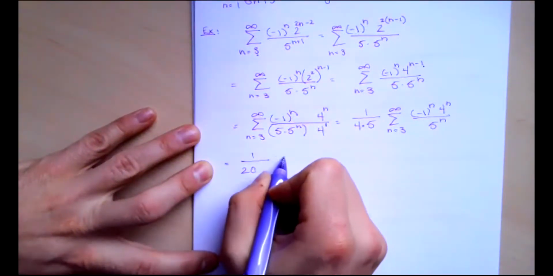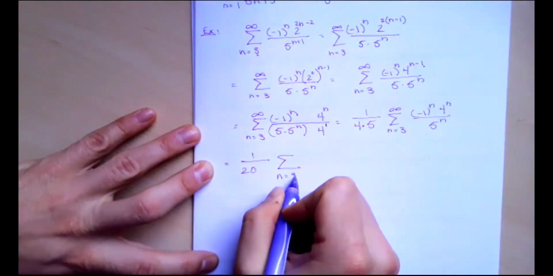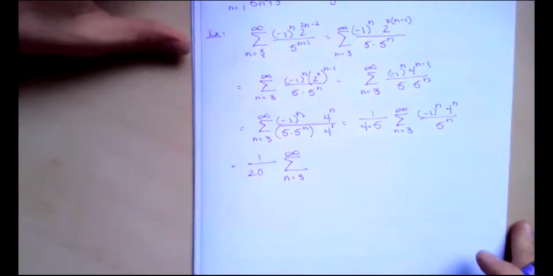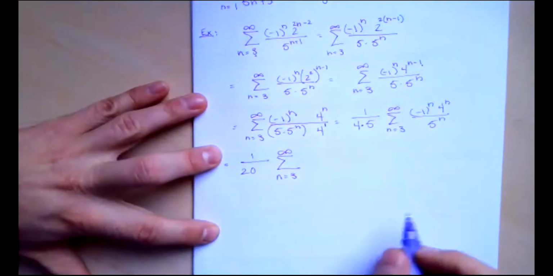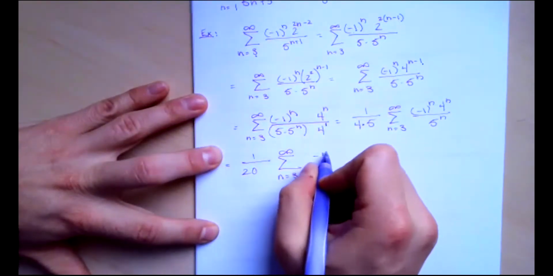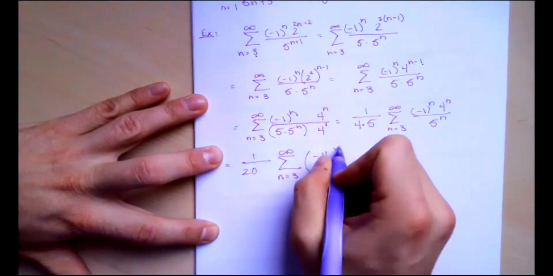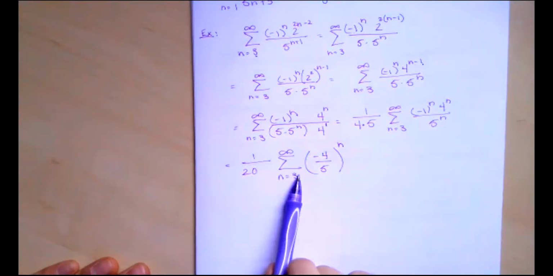Of course, if you're following the steps, not all these steps are incredibly necessary to write out, but this is kind of the first time we've seen some of this. So I do want to make sure we have all the steps written out, and at least one video demonstrating all this. We can write this as minus 4 over 5 all to the n.